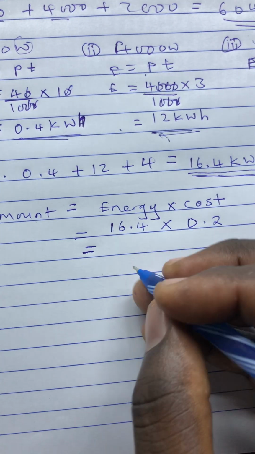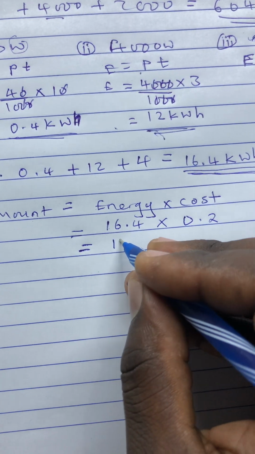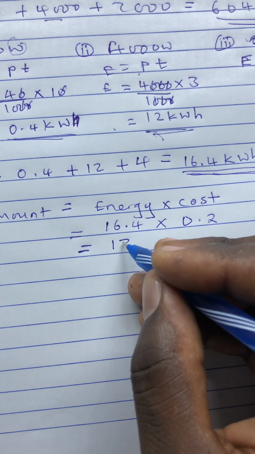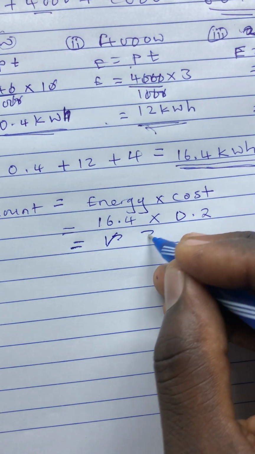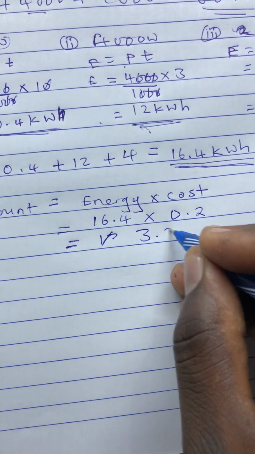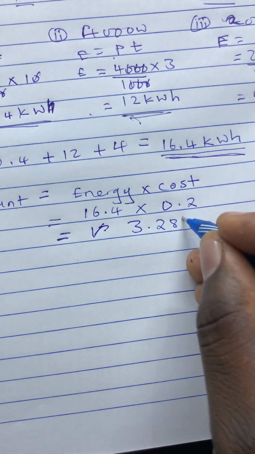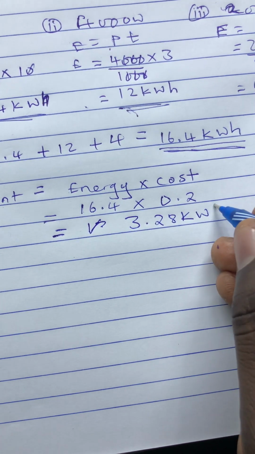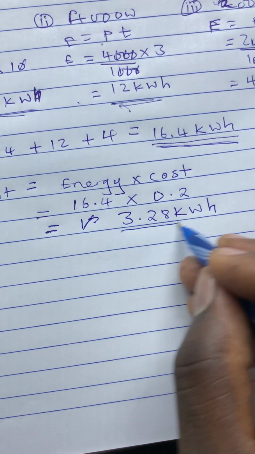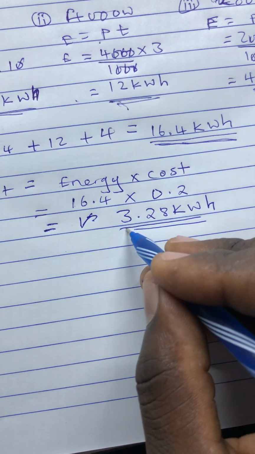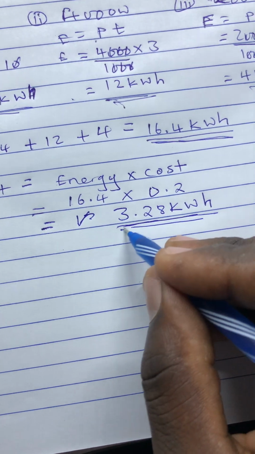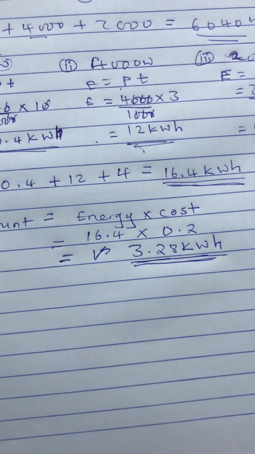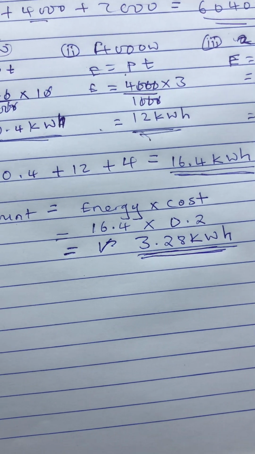After I multiply, I'm going to have 3.28 kwacha. So this is the electricity cost.